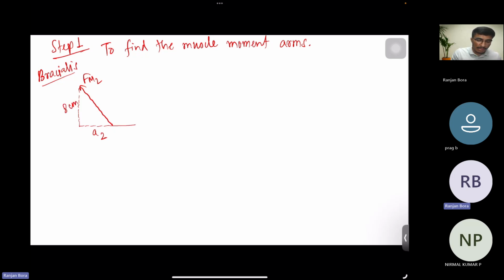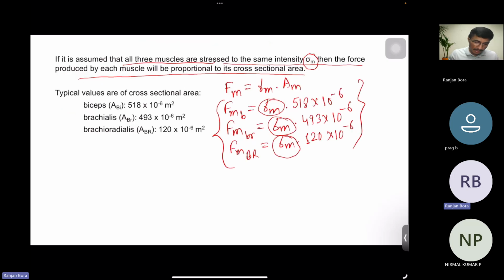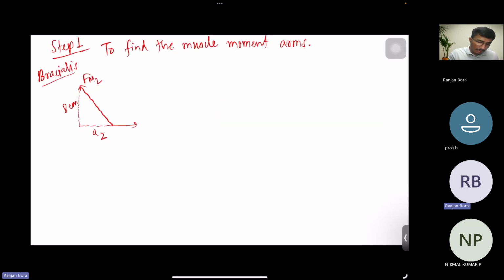The brachialis is in the ulna bone. So this is the ulna, and this is the humerus. We are calculating this distance. This will be the moment term, right?